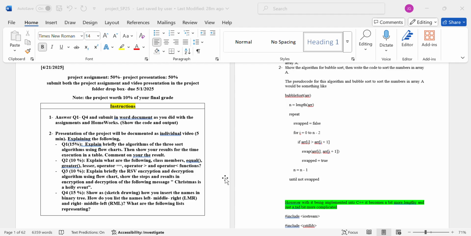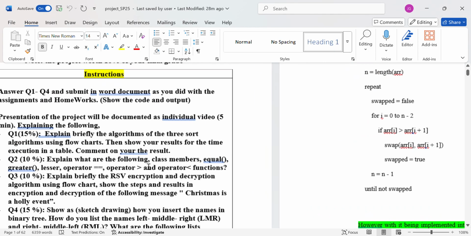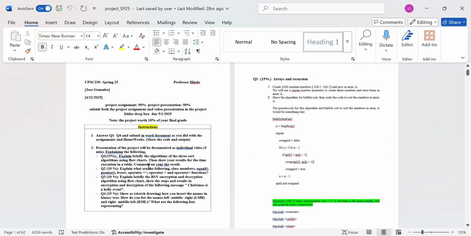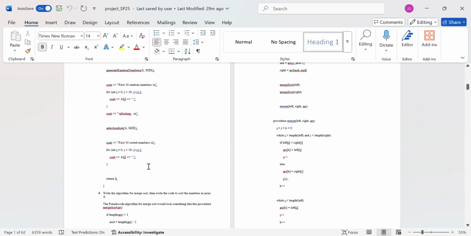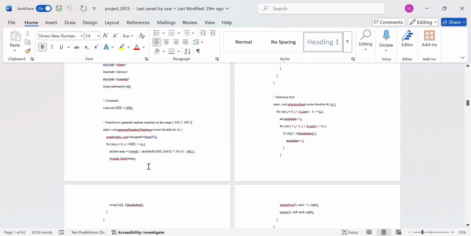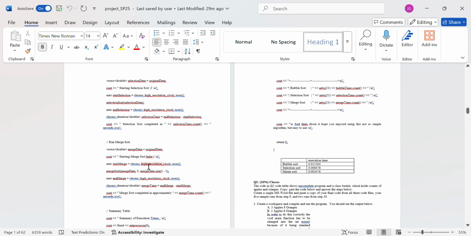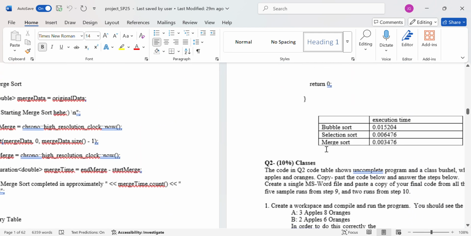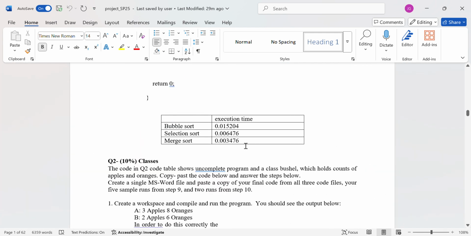And as we can see in the execution time example, for the chart that was produced here, we can see that the merge sort was actually significantly faster than the bubble sort and the selection sort, by a couple fractions of a second, but regardless it was faster.